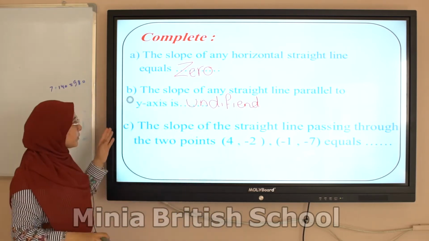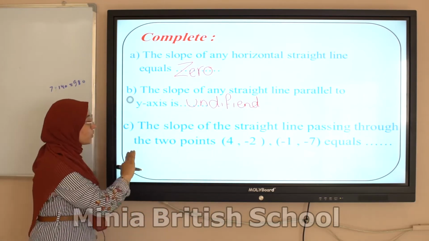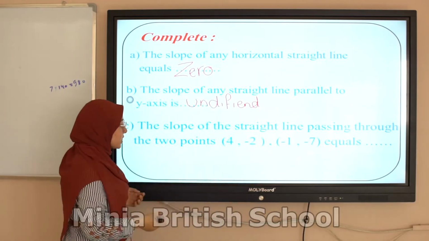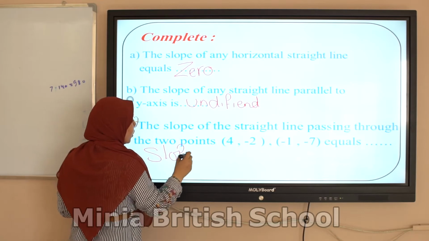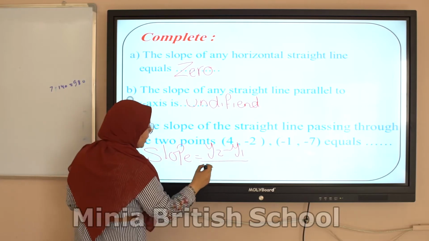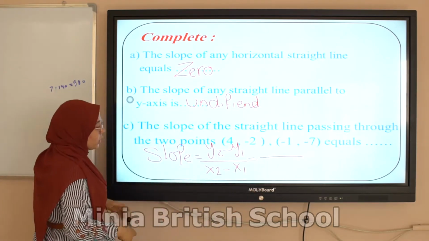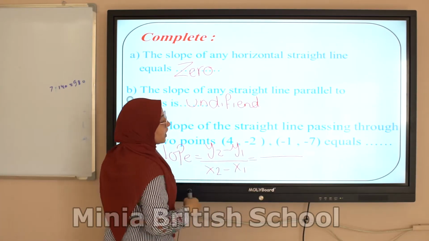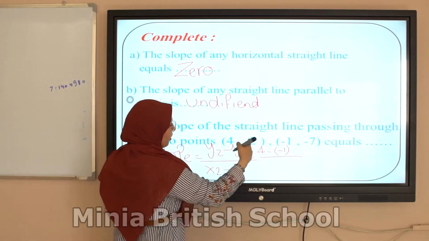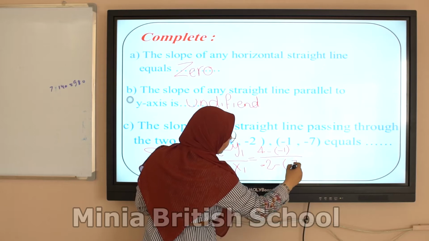Number C, the slope of the straight line passing through the 2 points, 4, -2, and -1, -7, equals, okay, so the slope equals y2 minus y1 over x2 minus x1. I will start here: 4 minus -1, over -2 minus -7.